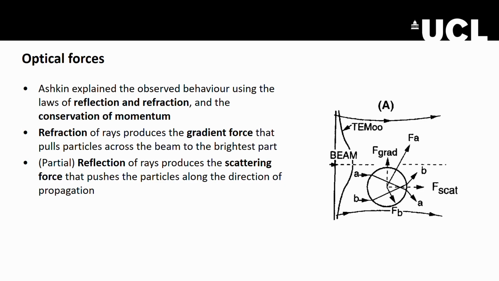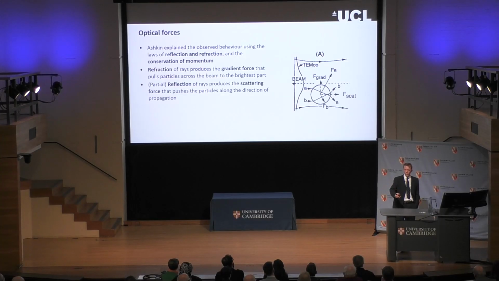So the net force, the overall force, pulls the particle. And it pulls the particle because there is a gradient of intensity. Okay? Because the beam is brighter in this part than this part. It pulls it across the profile of the beam into the brightest part. Okay? Because this force, arising from refraction, depends on the fact that there is a gradient of intensity. Ashkin called it a gradient force.